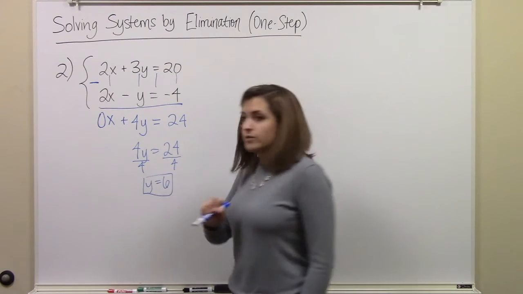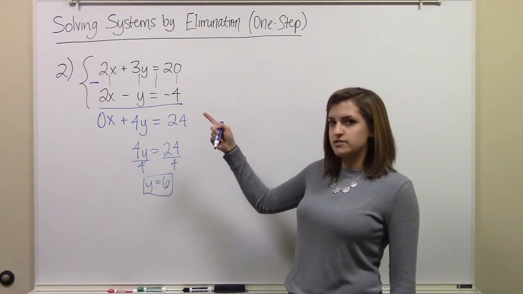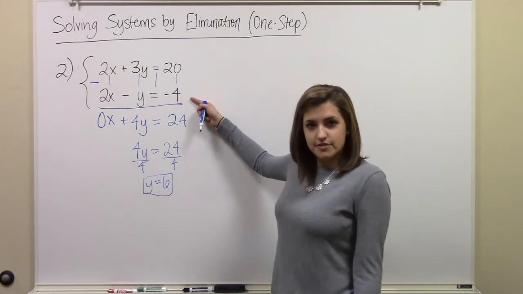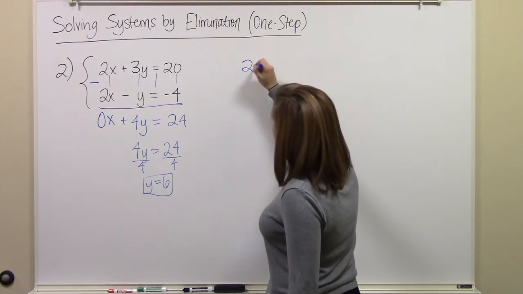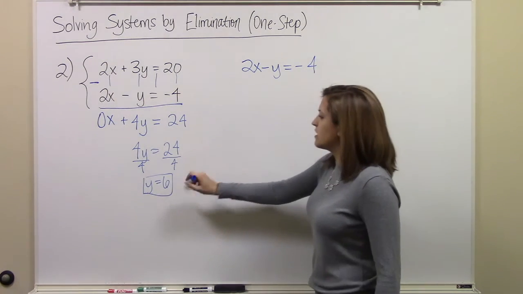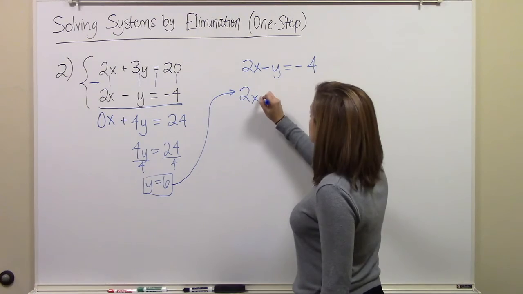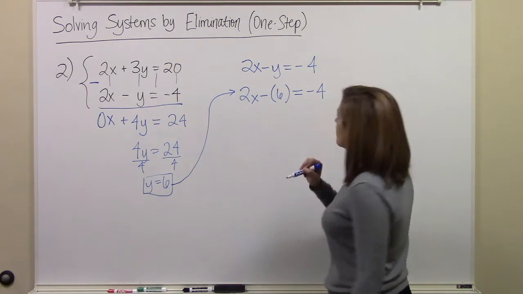So I found my y coordinate, and now I can use this to plug into one of my equations. And I'm probably going to plug it in to the second equation because I don't have to multiply y by anything. So I'll pull this over here, 2x minus y equals -4, and I'll plug in what I found for y. So I'll get 2x minus 6 equals -4.